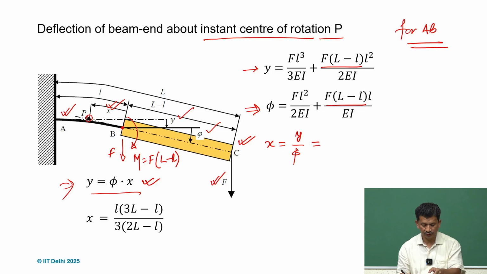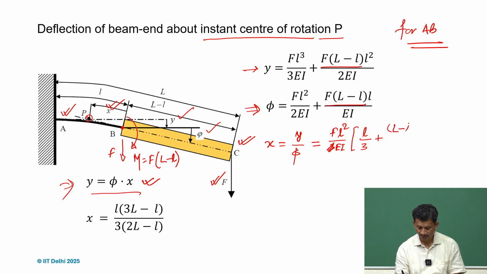If we take the ratio, at the top we can take F l squared by 3EI. Actually, don't take 3, just take EI common, and then we'll have L by 3 plus F L squared common, so you will be left with capital L minus l divided by, and at the bottom EI is taken out, so it will be 2 over.